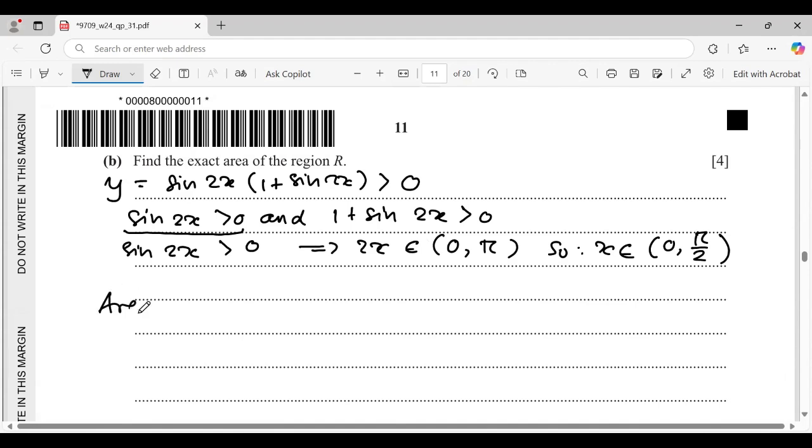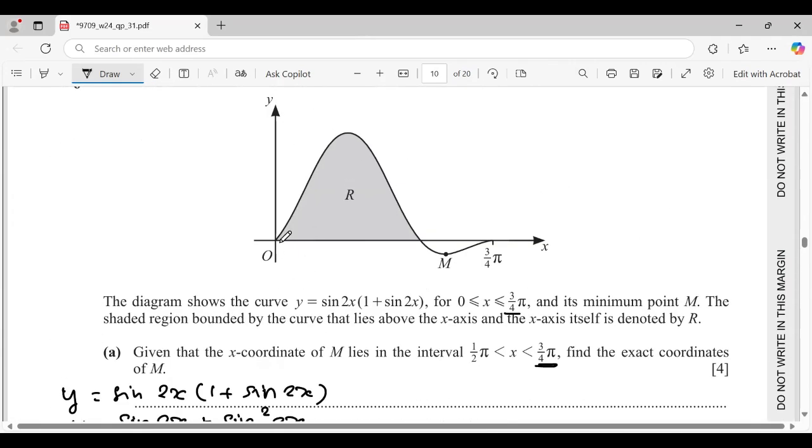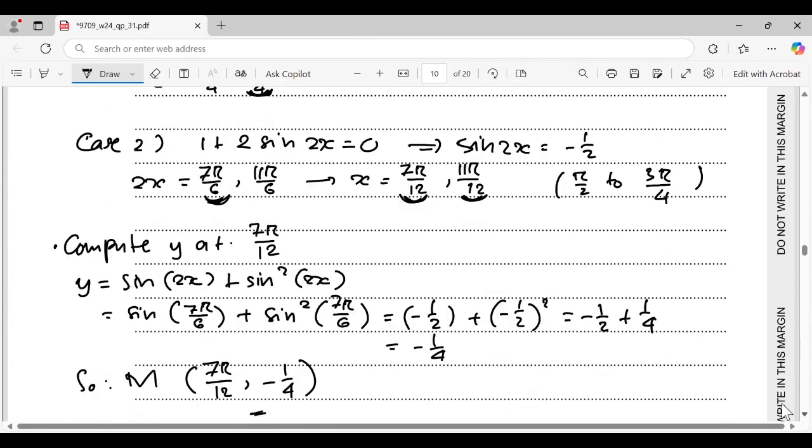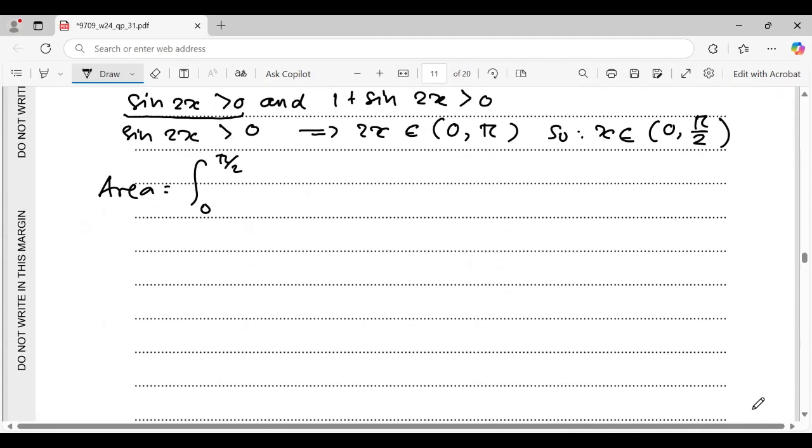And we can find the area. I would like to show you this point, this is 0, and this is pi half. Okay, now we're going to calculate the area using the integral of sin 2x plus sin squared 2x dx.